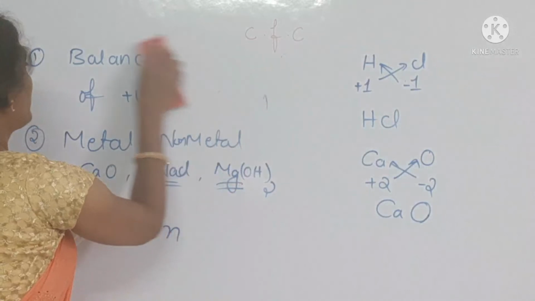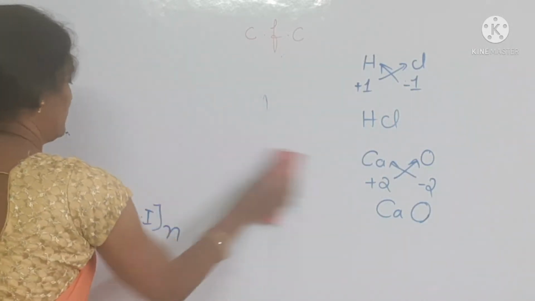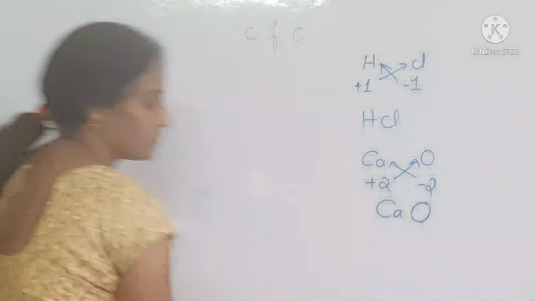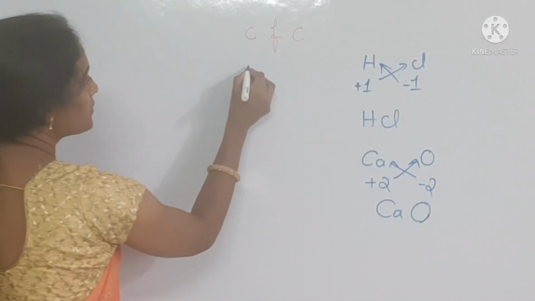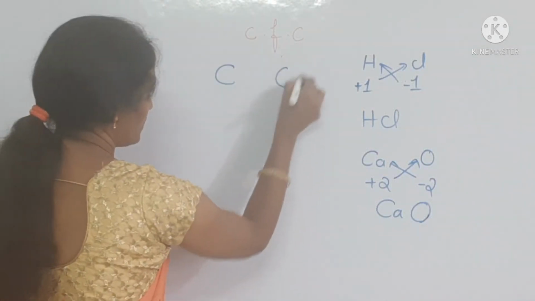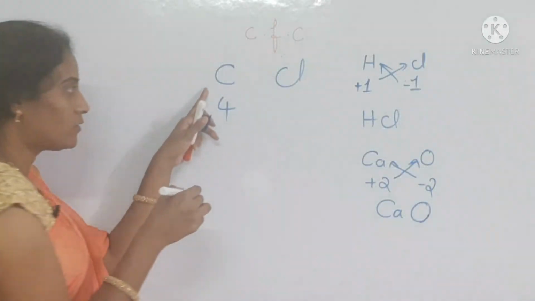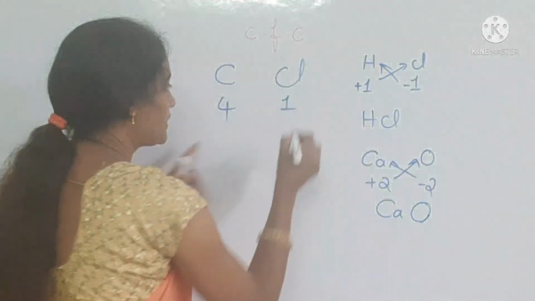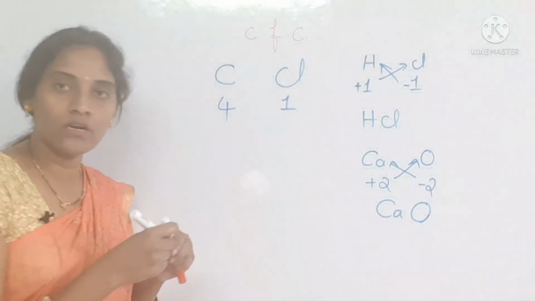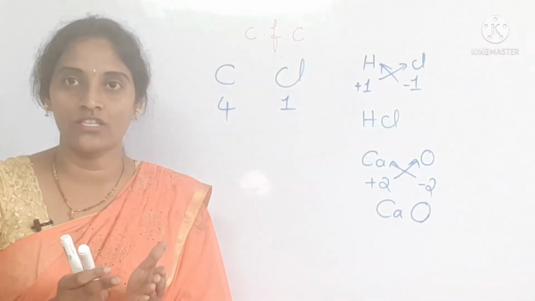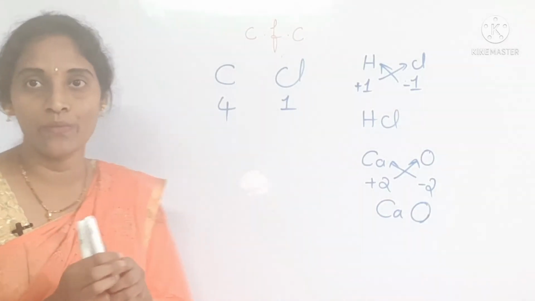Here you can take one more example. See here, students, carbon tetrachloride. How can we write? Carbon's valency is 4, chlorine's valency is 1, students. Here valencies are not equal with each other. At this time, we need to balance.